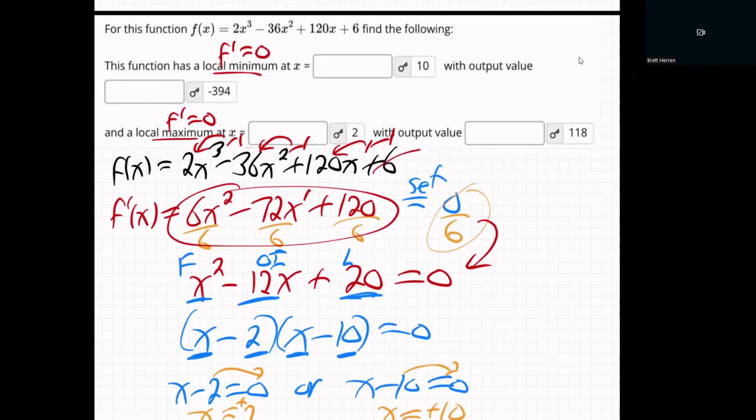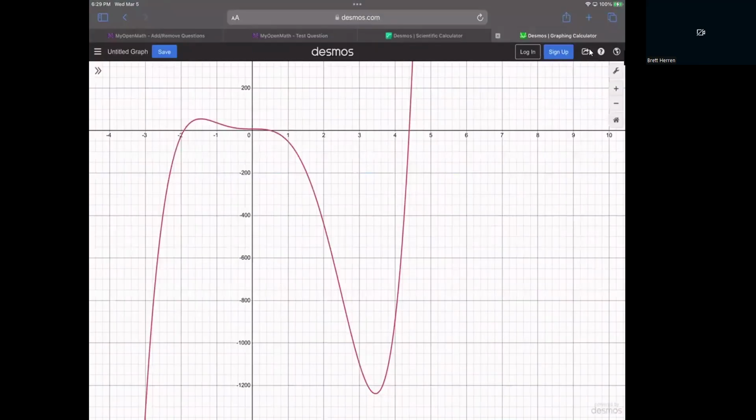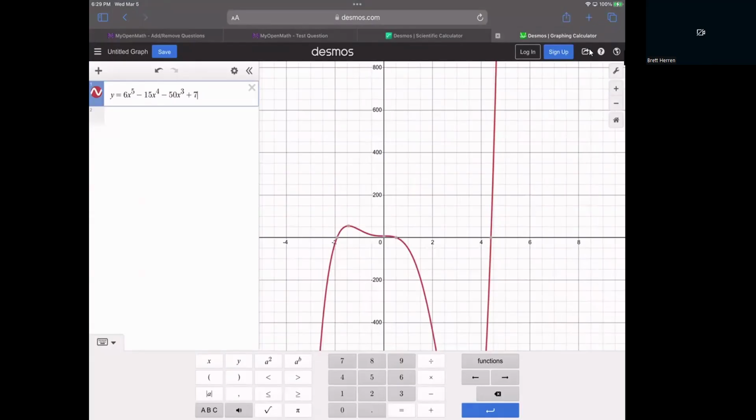Last thing, let me prove that what we just found is really the truth. If you look at this thing on a graph real quick, let me just type it in. If you go to the Desmos grapher, which you cannot do during an exam, but it's fun just to check right now. Let me get rid of what I just had in there.